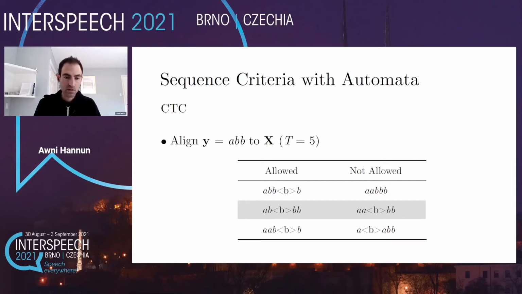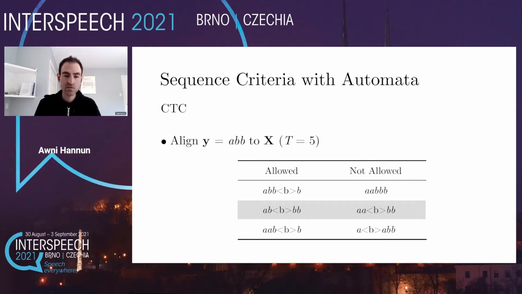On the left, you see that, for example, the blank token always has to be between the 2 Bs because they're consecutive repeats in the output. So there's always a blank token in the set of allowed alignments. In the not allowed alignments, let's talk through why those are not allowed.